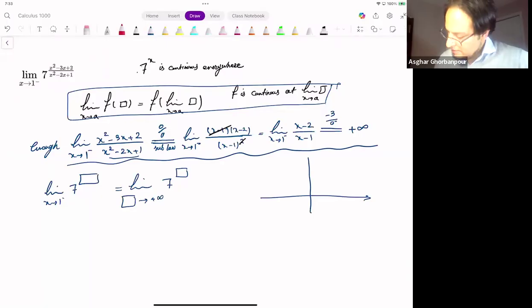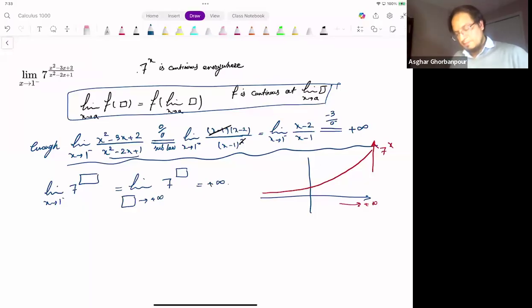Seven to the power x is an exponential function with base bigger than 1. So when x goes to plus infinity, that goes to plus infinity. So the whole limit is plus infinity.